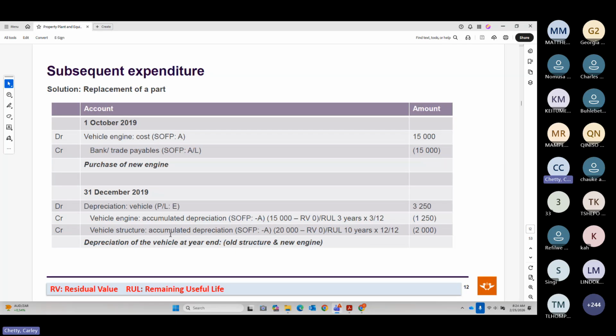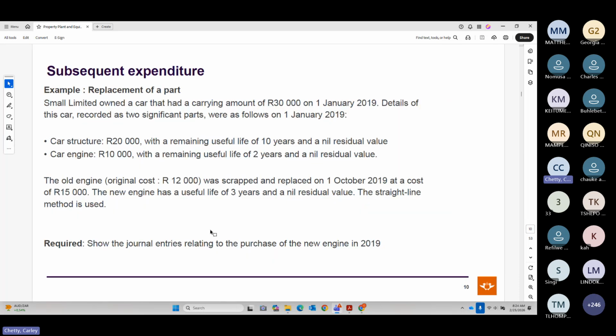Then we also need to depreciate the rest of the structure of the vehicle. So remember, the car structure doesn't just consist of the engine, it also consists of the structure. So we need to depreciate the structure for the year. So the value of the structure was 20,000, and it had a remaining useful life of 10 years and a nil residual value.